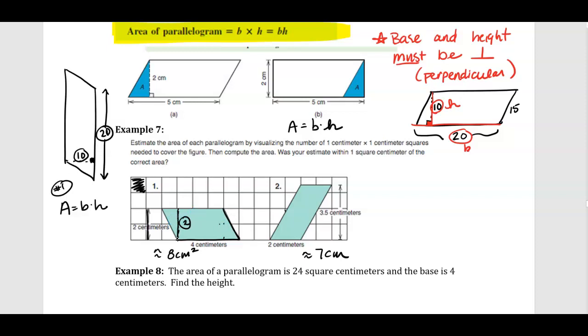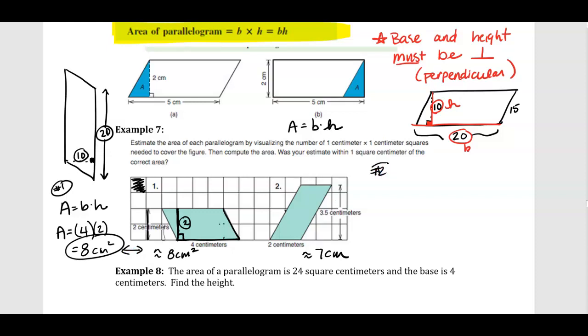I want the vertical distance of 2 because that's perpendicular to 4. And I know it's perpendicular because of these squares here. So it meets this bottom at a 90-degree angle. So I'm going to say area is equal to my base, which is 4, and my height is 2, so I get an area of 8 square centimeters. So I was right. My estimate was the same. Doesn't always happen, but that's great.